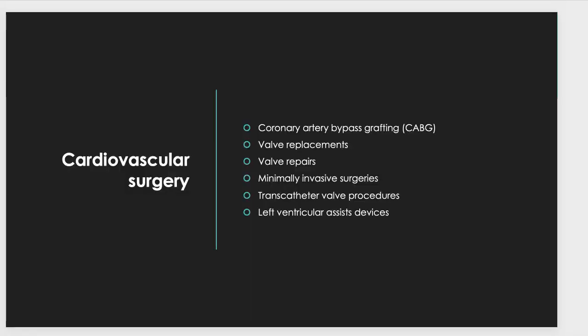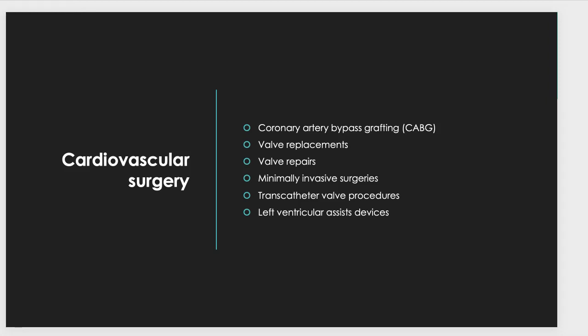Just another aspect that I want to touch base on is cardiovascular surgery. These are surgical procedures that patients can have done. Sorry about that.